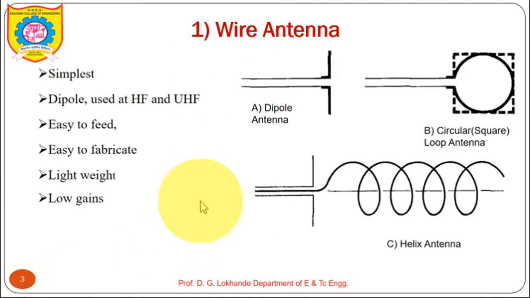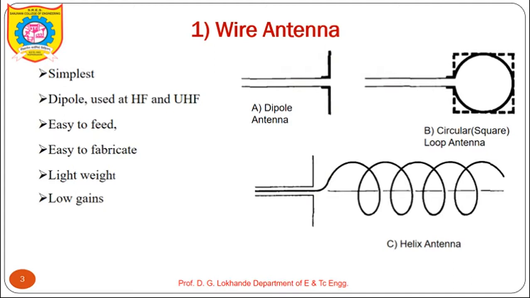So wired antenna is a very simple kind of antenna, which is a simple wire having 3 different shapes. Number 1, it's a dipole antenna, with lengths of lambda by 4 on each arm. It is a very simple arrangement of the antenna.